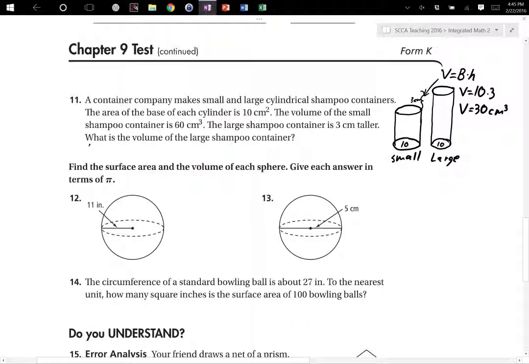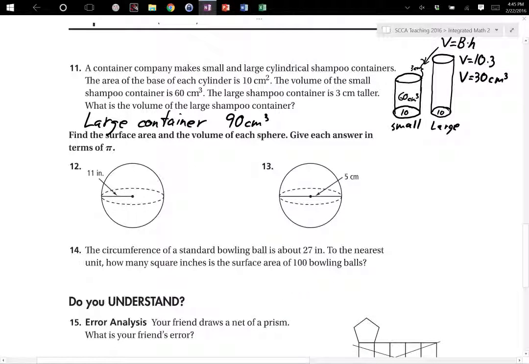So my large shampoo container is 90 centimeters cubed, because this one was 60 centimeters cubed. So we only had to find out what was missing, because we already knew that they both shared the bottom. Here's the smaller container built into the larger one.